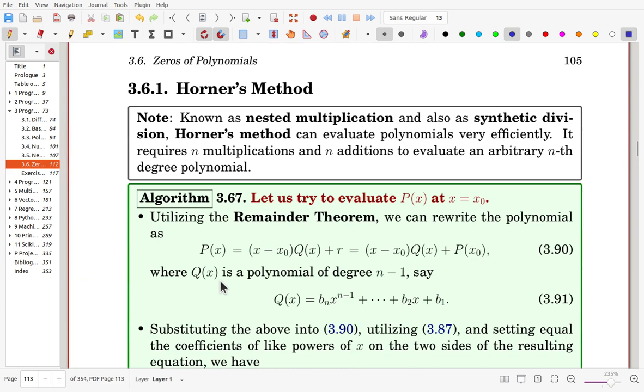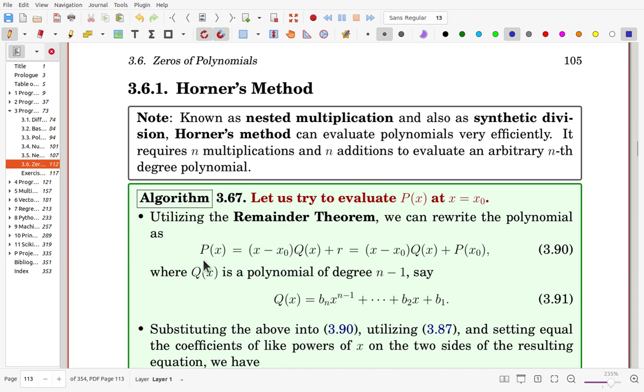Here we have the bonus method, known as nested multiplication and also as synthetic division. Horner's method can evaluate polynomials very efficiently. Let's try to evaluate P of x at x equals x0. We'll use the remainder theorem.